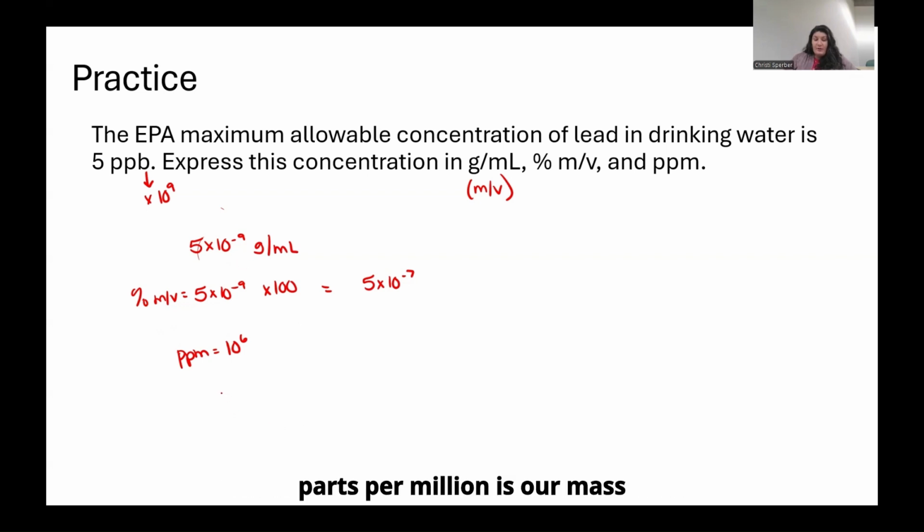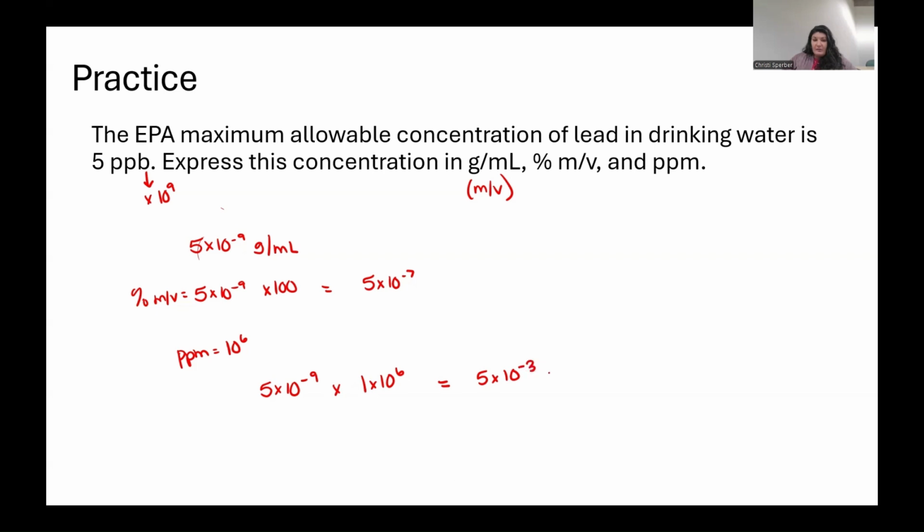Our equation for parts per million is our mass volume, 5 times 10 to the negative 9th, times 1 times 10 to the 6th. So this will equal 5 times 10 to the negative 3rd parts per million.